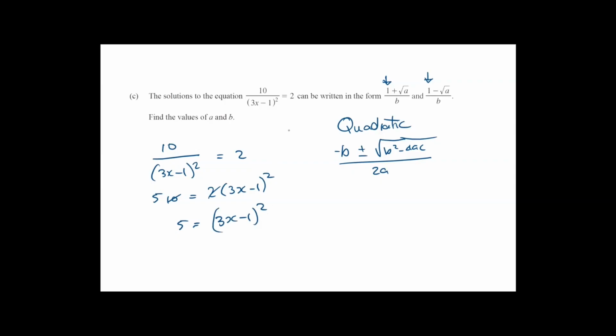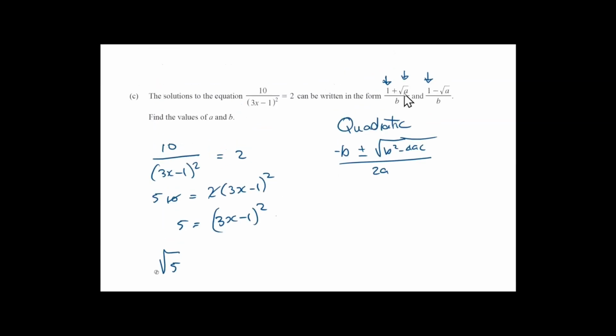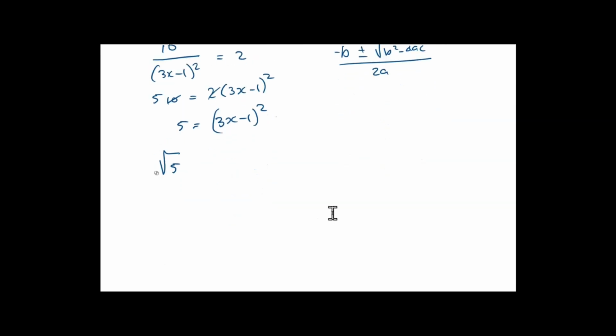And that's good. At some stage we have to get this square root in, and we might as well do it now. So let's take the square root of both sides. So the square root of 5, and that's good because that tells us that the number that's A here is going to be 5. The square root of 5 is going to be equal to 3x minus 1, and this is really good because there's a 1 in there as well.